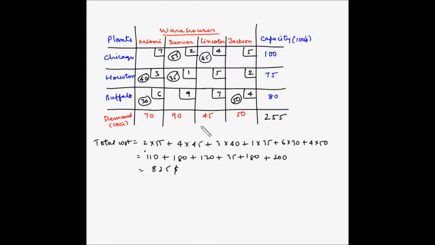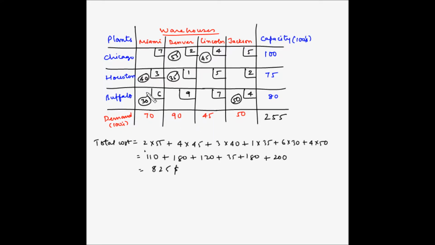Now let's find out if this is our optimal solution or not. But before we do the optimality test, we have to first do the acceptability test to find out if we can proceed with the optimality test or not. Now there are two conditions for the acceptability test. First one is that the number of allocations should be equal to m plus n minus 1.